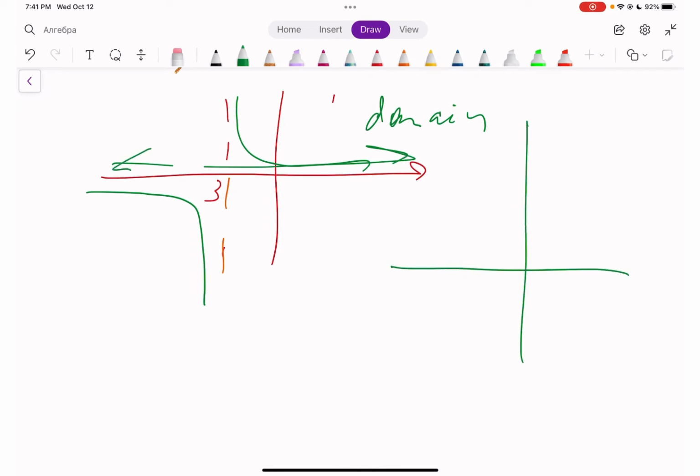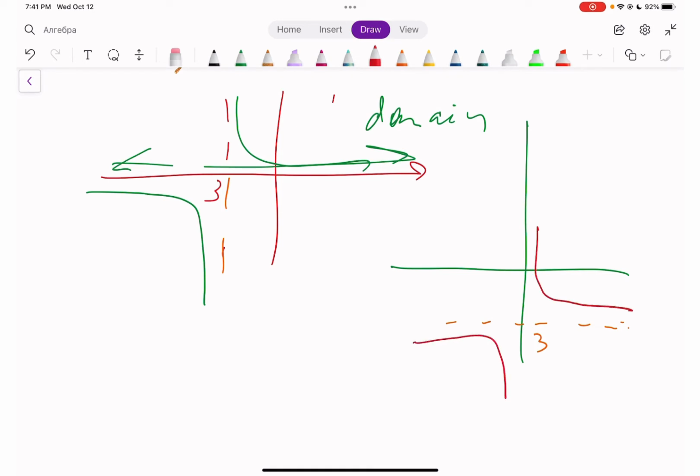So when we say negative 3, it's going to go here, which means the graph will go like this and this. See, a horizontal line, because we're talking about range. y is equal to 3, negative 3.